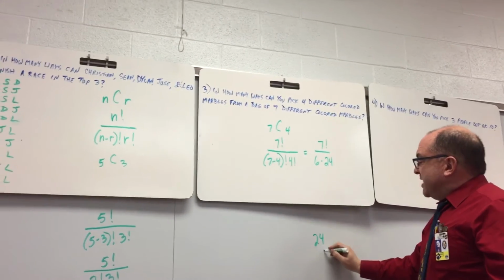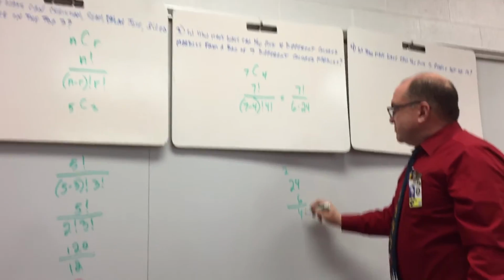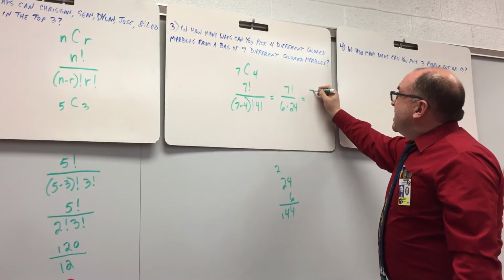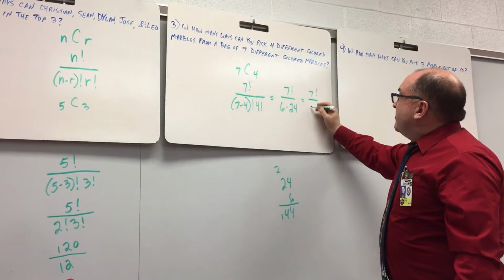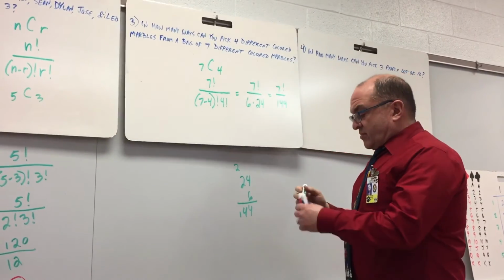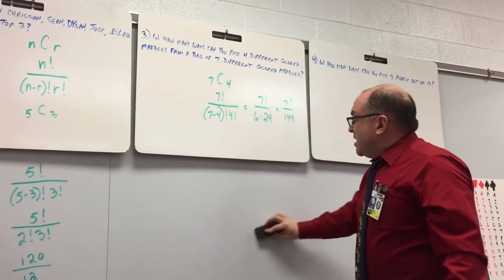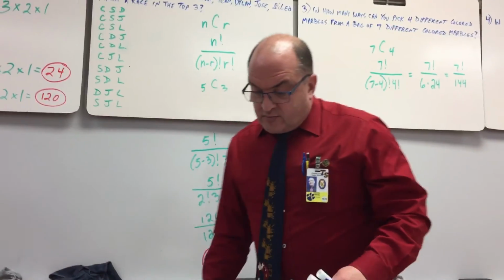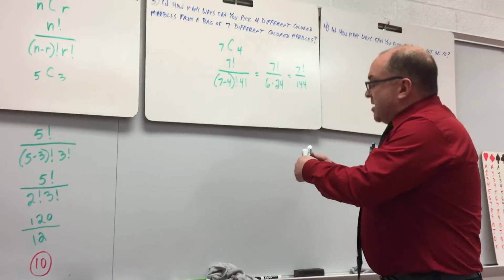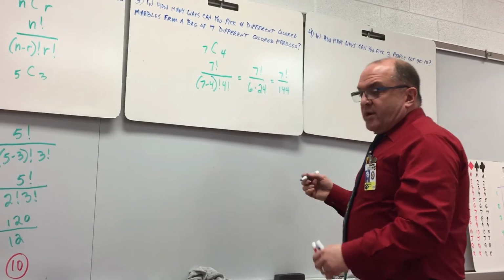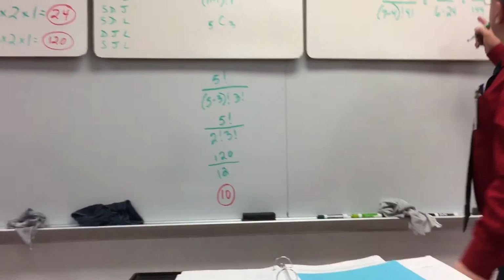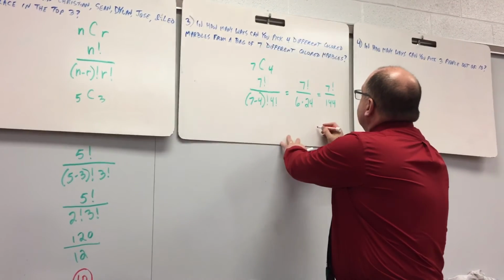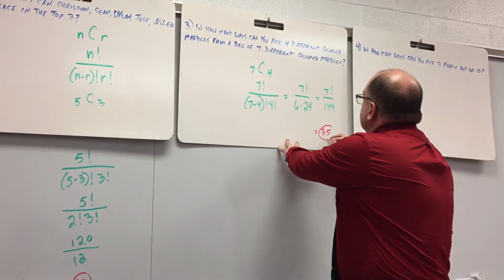What is 24 times 6? 144. So we're going to do 7 factorial divided by 144. On your calculator, you do 7 factorial. Okay? And 7 factorial divided by 144 is going to give you 35.